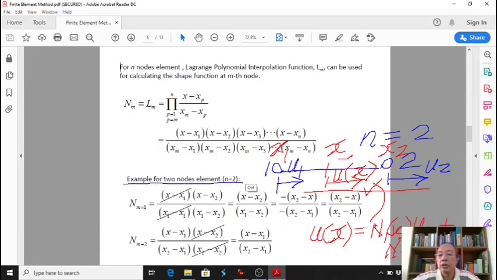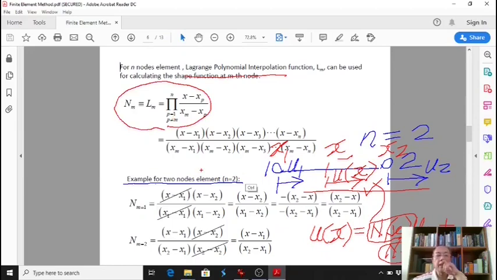So we are going to find N1 and N2 by using the Lagrange polynomial interpolation function, using this formula.